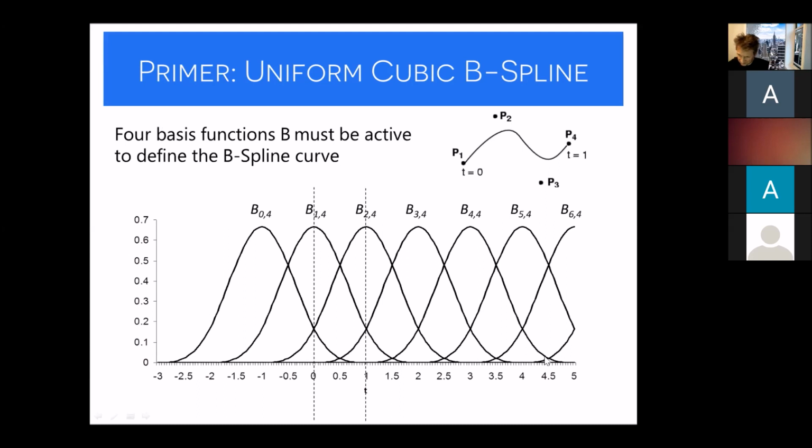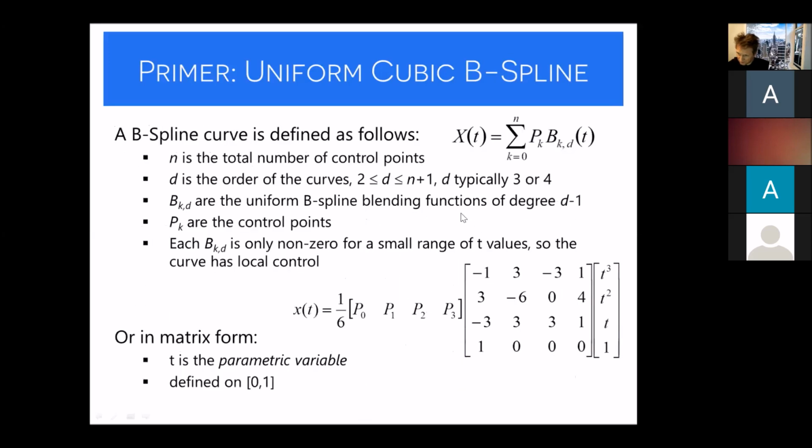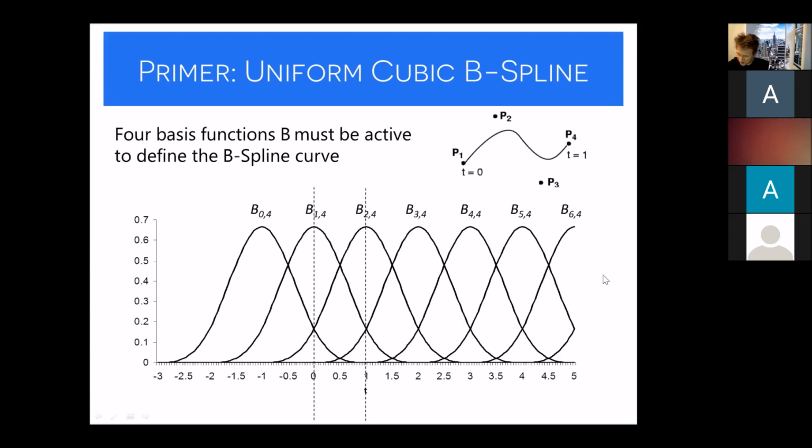You multiply these point locations by these coefficients and this t exponentiated, and then you generate these x values, these curve values.